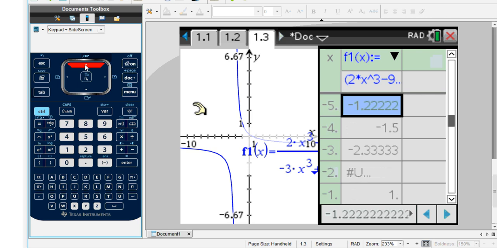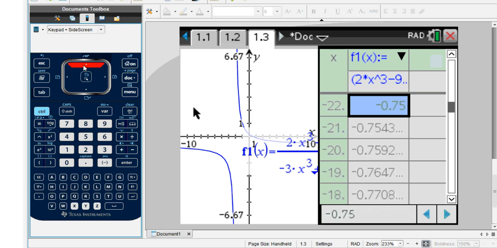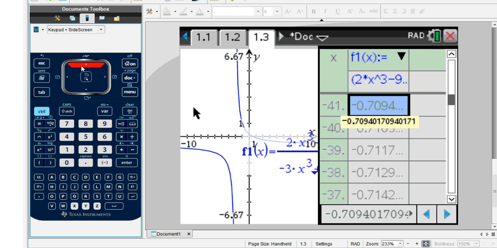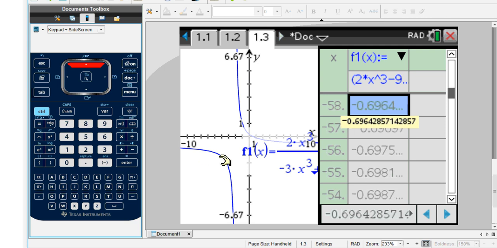And then if we go to the left, we're going to come down close to negative 2/3, just like we did when we went to the positive. This time we're coming from below instead of from above.